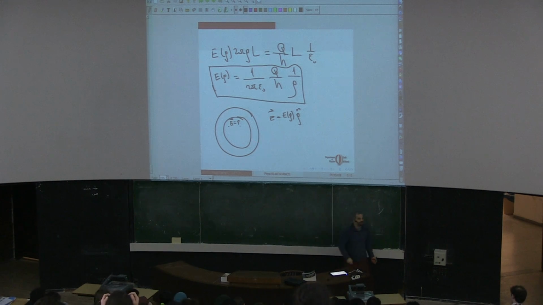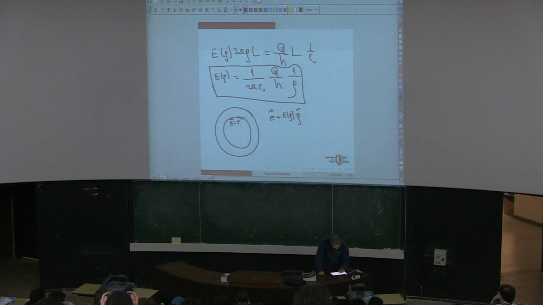And since we had this cylindrical symmetry, we used a cylindrical Gauss surface. So I can just imagine a cylindrical Gauss surface inside the inner cylinder. For this Gauss surface, Q enclosed will be 0.